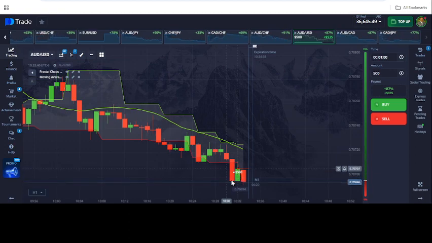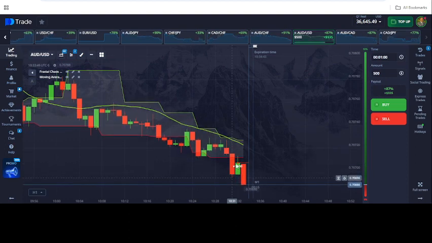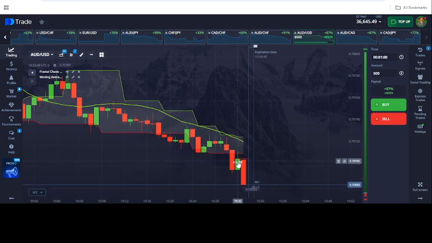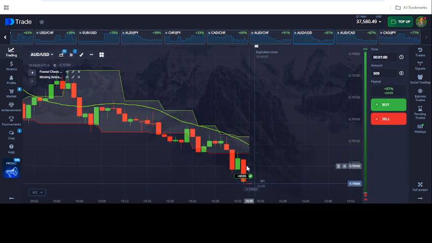But being that the candle had already closed below this lower boundary, I suspected that there would be a continued move down. I waited for the price to retrace a little bit, and then I took the trade at the entry right here. And this is exactly what happened. The price continued to show bearish momentum here, and that resulted in a winner here.